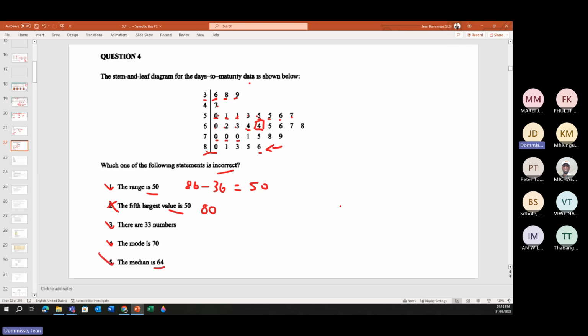So your median is 64. Okay, so again, looking at the stem and leaf, looking at range, median, mode, they could have, but they will not ask you to work out the mean with so many numbers, so you don't need to worry about that.